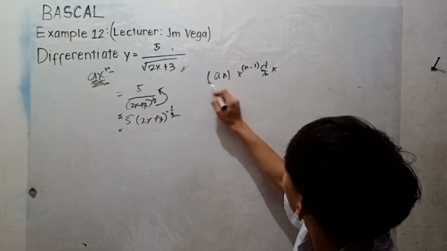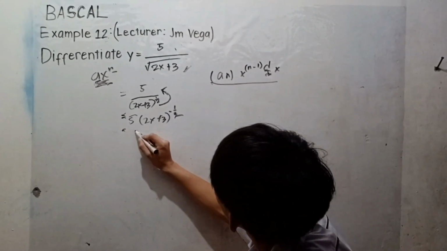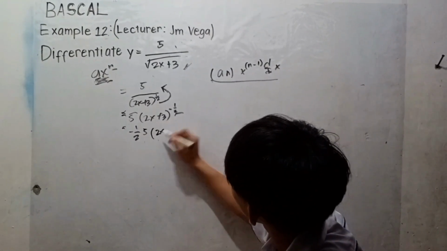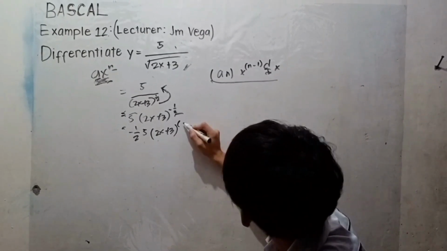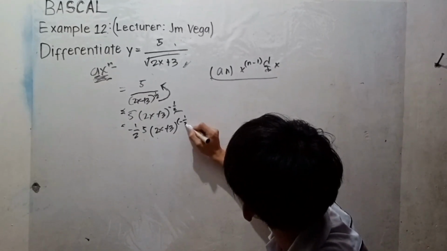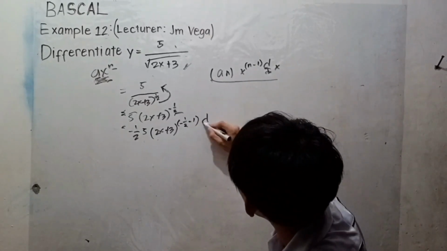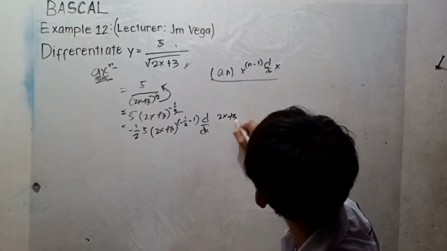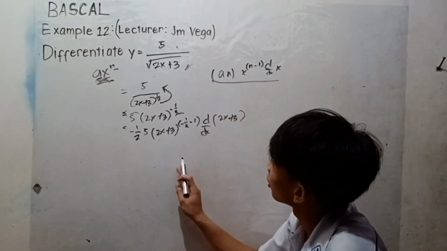So let's rewrite it from here: negative 1/2 times 5 and (2x plus 3) to the negative 1/2 minus 1, and the derivative of 2x plus 3.